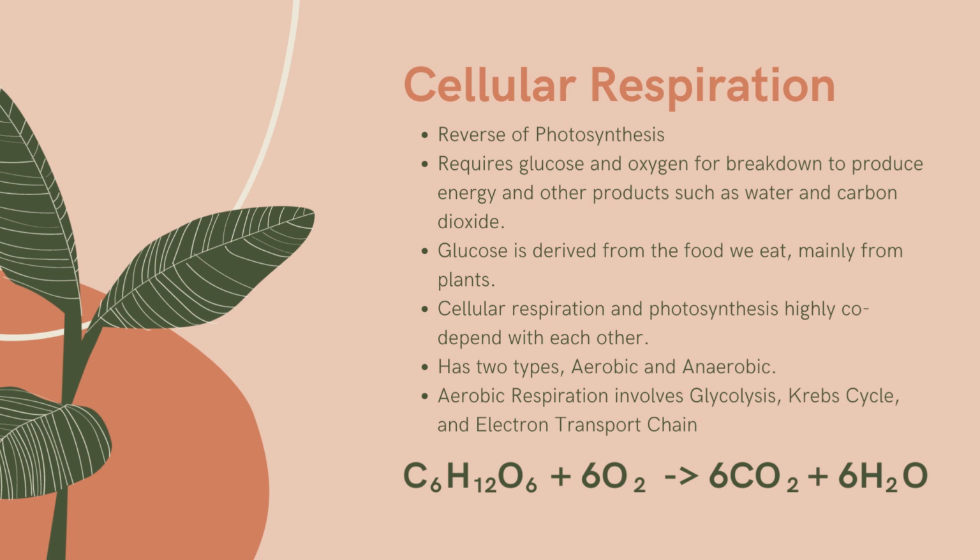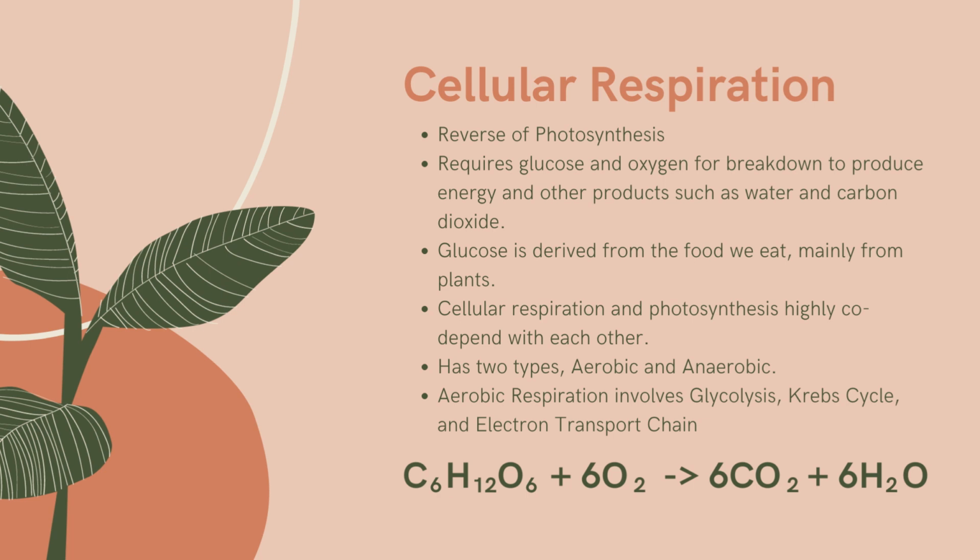That is why cellular respiration and photosynthesis are highly codependent. When we produce glucose in photosynthesis, we are building up glucose. We will now break down the glucose that is produced, in cellular respiration.